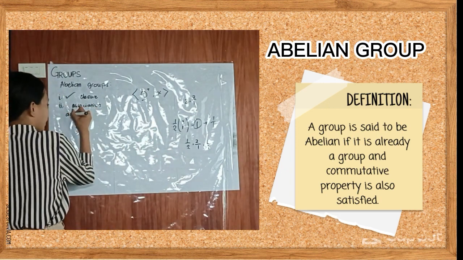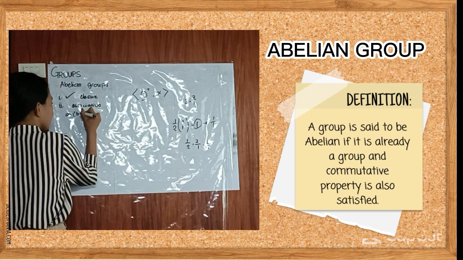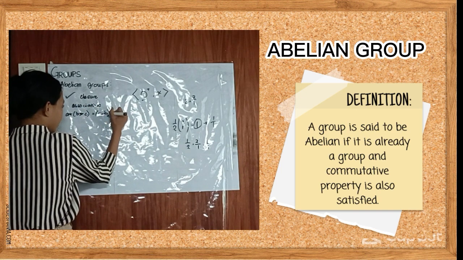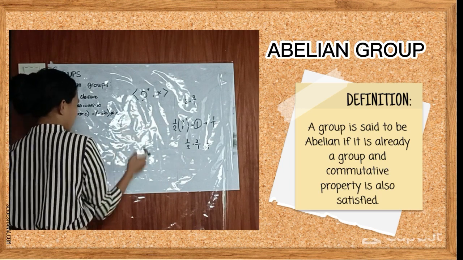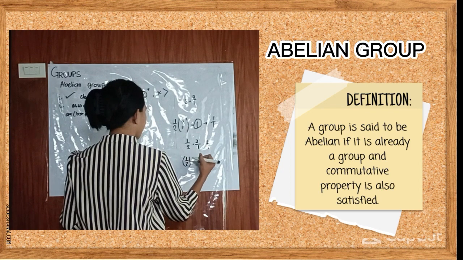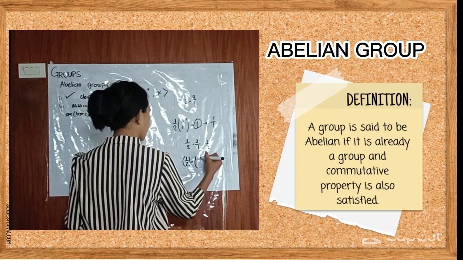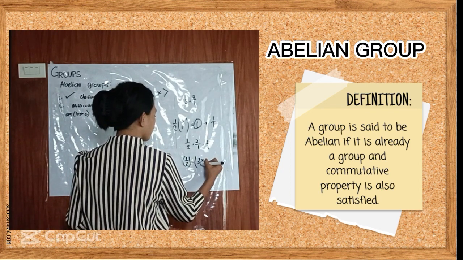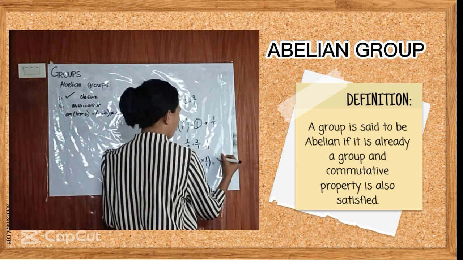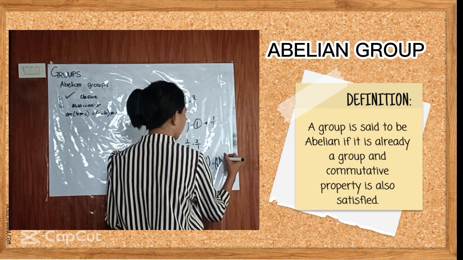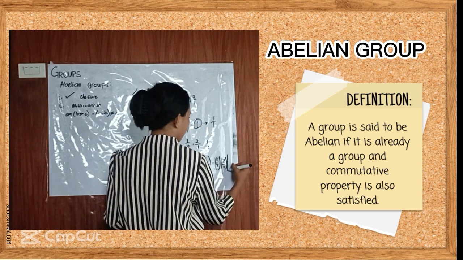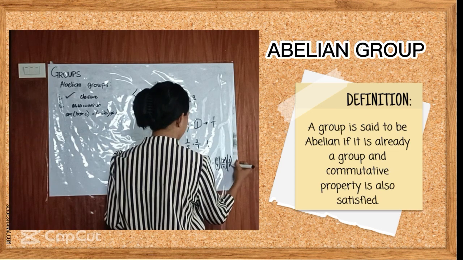We have A star B star C is equal to A star B star C. So we have 1/2 times 2 times 1 is equal to 1/2 times 2/1 times 1.